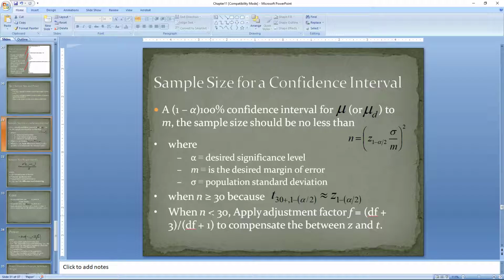Remember, as the sample size gets larger, it will be more closely related to a bell-shaped normal distribution. However, when it's less than 30, our tails are a lot fatter and compensate for a bigger probability. To adjust for this, we apply this adjustment factor after we figure out our n.